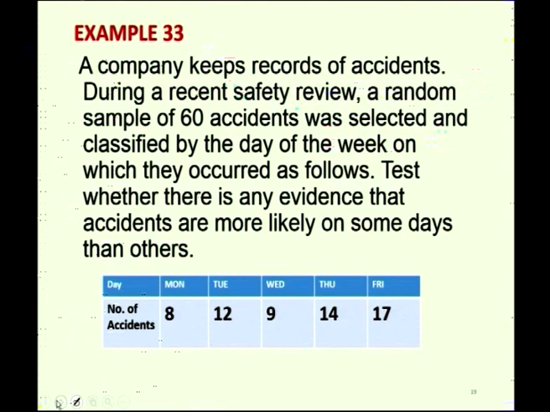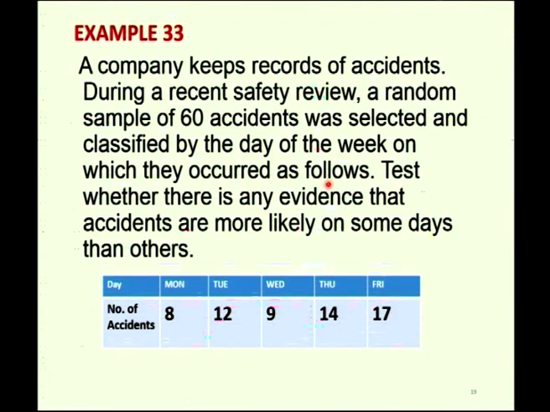Okay, this problem says that a company keeps records of accidents. During a recent safety review, a random sample of 60 accidents was selected and is classified by the day of the week on which they occurred as follows.